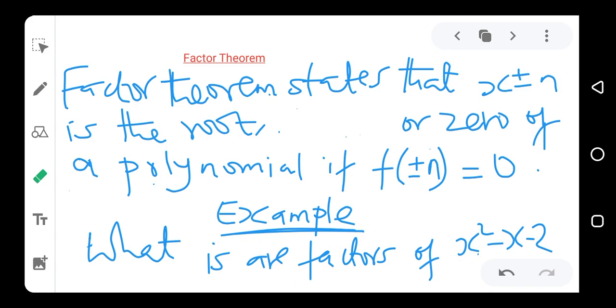Like this one, if this is a polynomial that we have, for us to get the factors of this polynomial means for us to simplify this polynomial to get values or terms that when we multiply them, we are going to get this polynomial back.